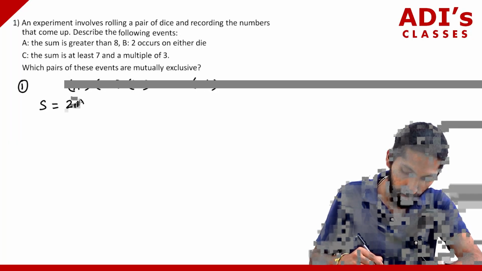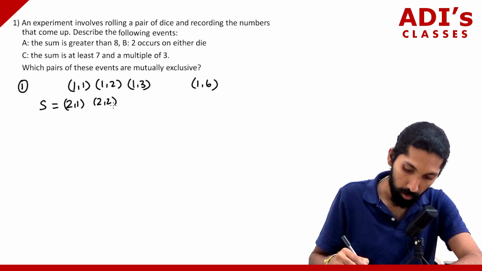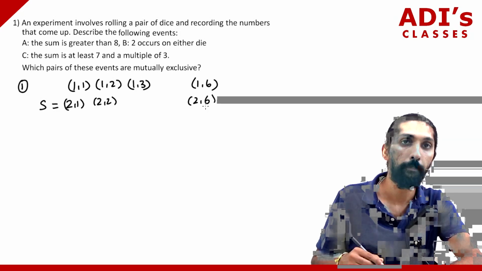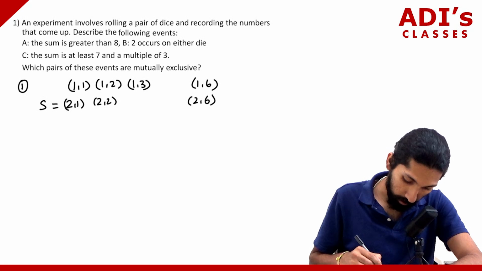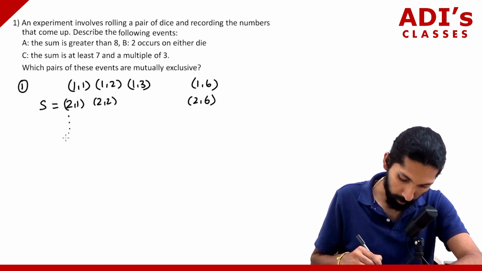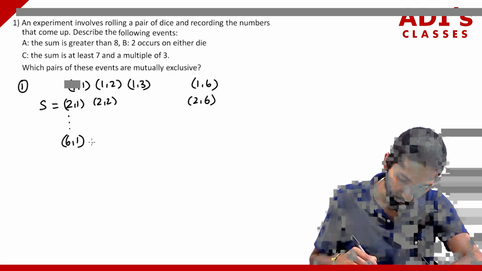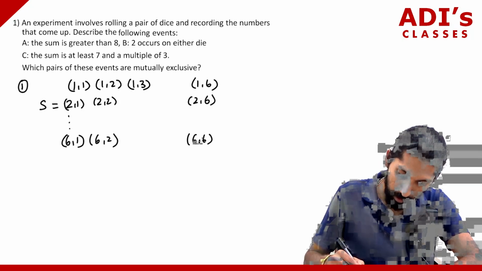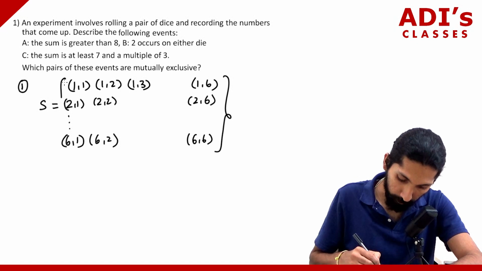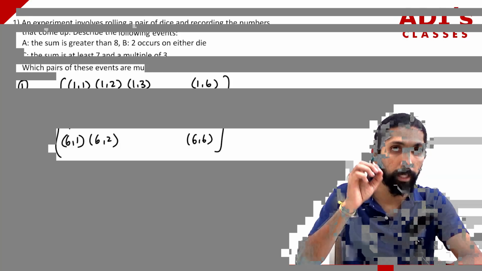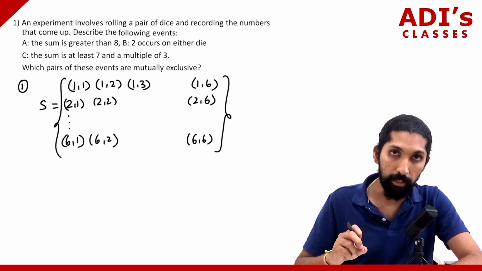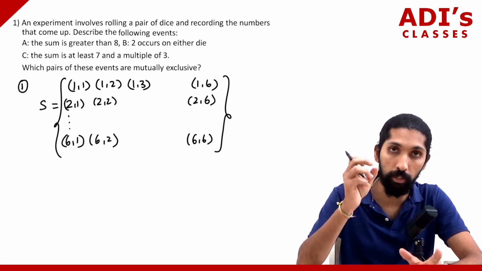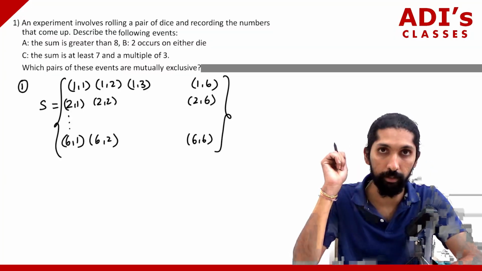Next 2 comma 1, 2 comma 2, so on till 2 comma 6. Correct? And so on till 6 comma 1, 6 comma 2 till 6 comma 6. So we are going to have 36 different possibilities. Let's look at what is A, what is B, what is C.